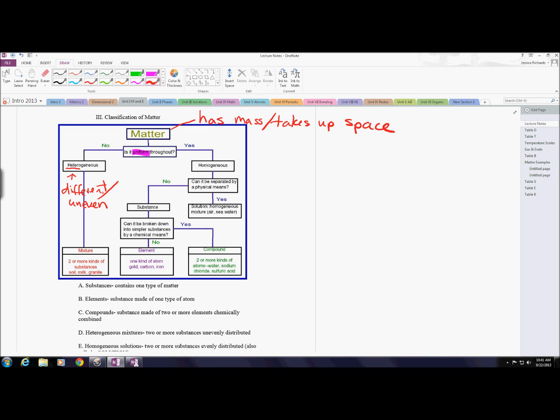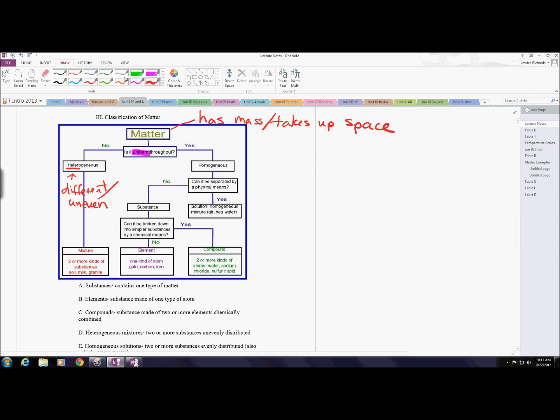So examples that the state likes to use, granite I already talked about. They like to use soil as an example. Now when you grab a handful of soil, there's little pieces of rock, there's sand, there's some decayed organic matter, you might have some chewed up leaves, you might even find an earthworm in there. Heterogeneous. It's not the same throughout, it's different.